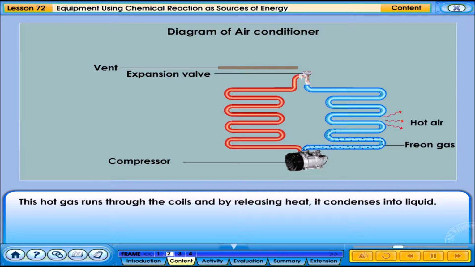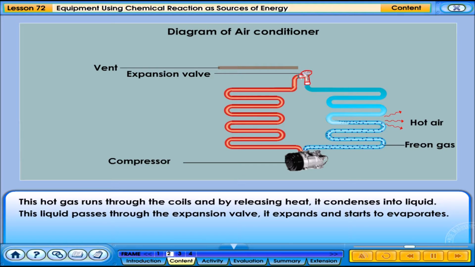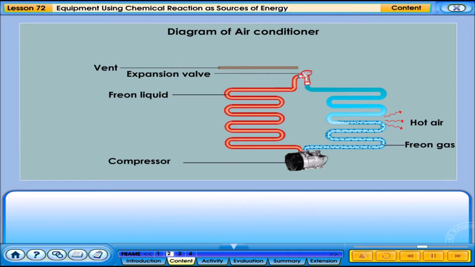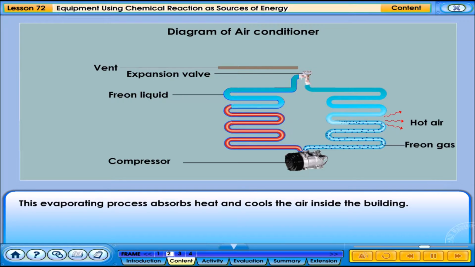This hot gas runs through the coils and, by releasing heat, it condenses into liquid. This liquid passes through the expansion valve. It expands and starts to evaporate. This evaporating process absorbs heat and cools the air inside the building.